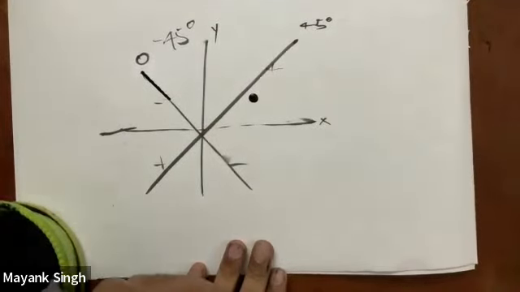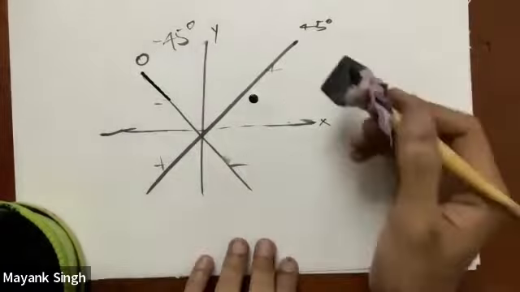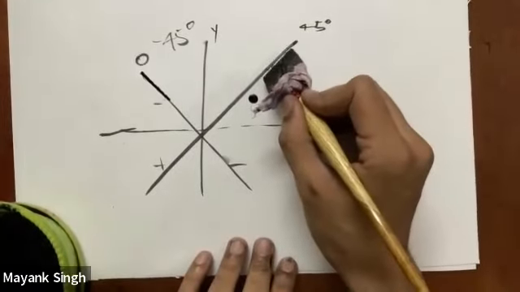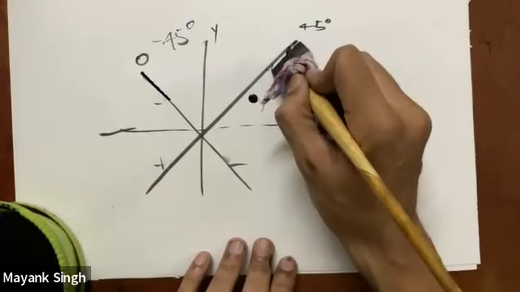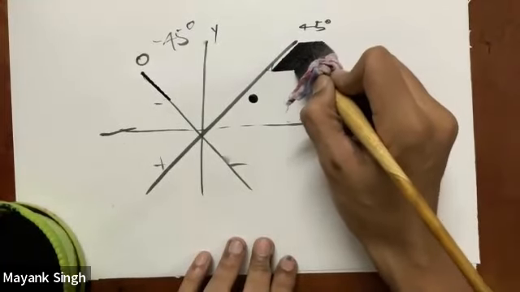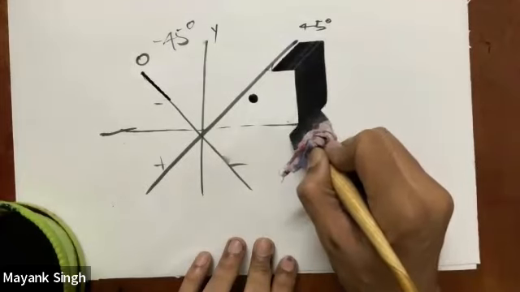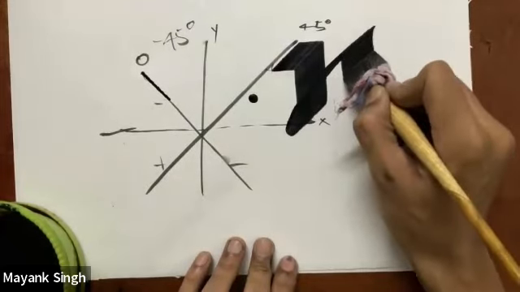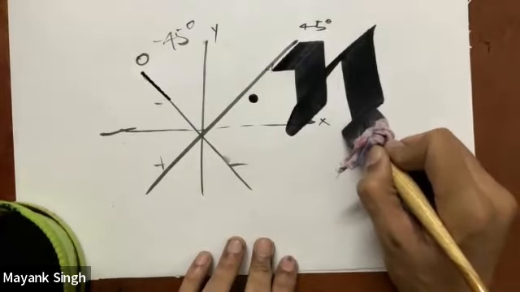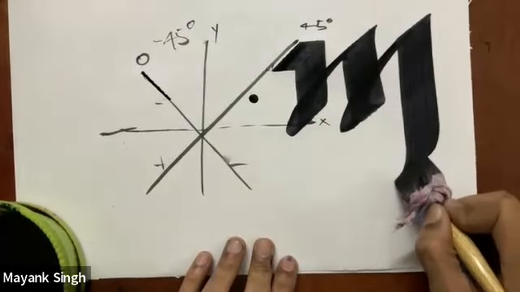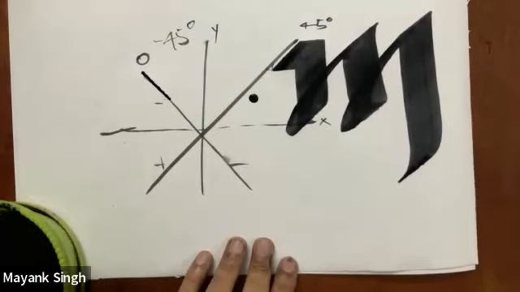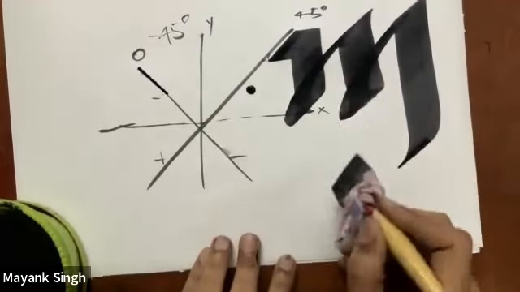So for example, Gurmukhi and Urdu are both positive 45 degree. So if I have to write any Gurmukhi alphabet, it would be with this angle. Or Urdu.